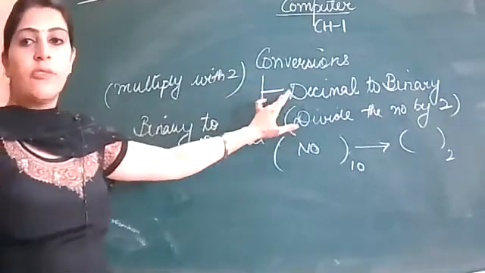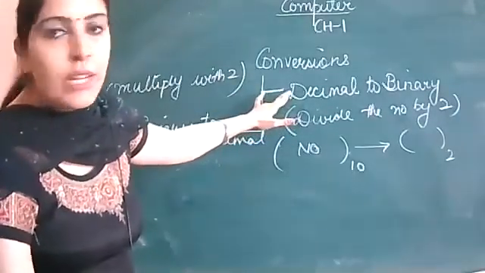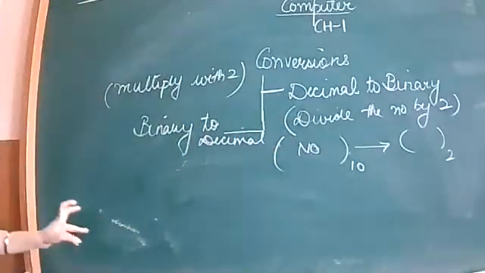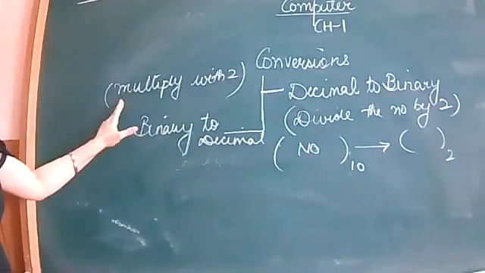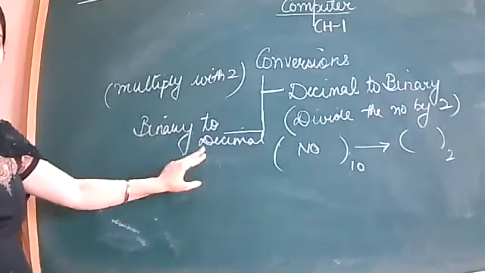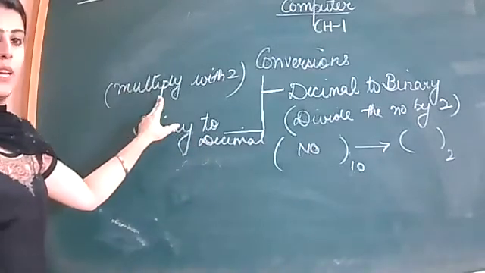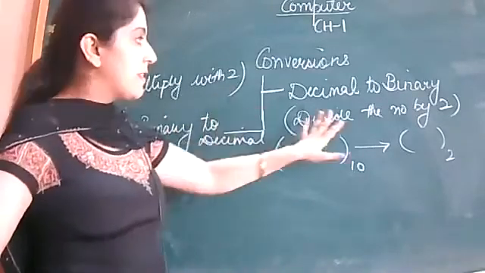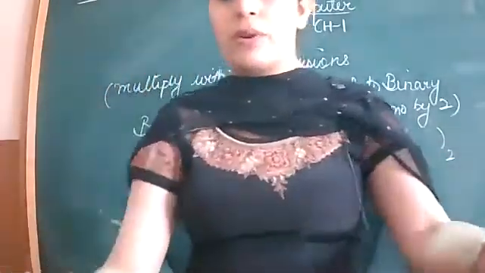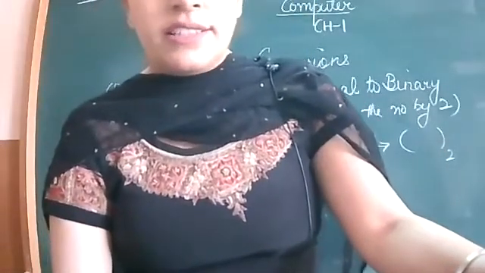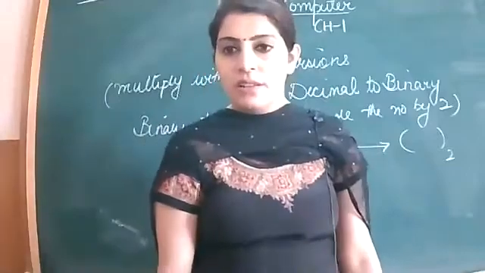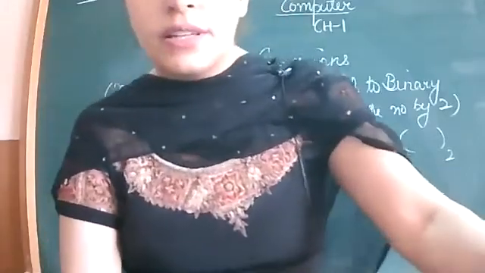When you are converting from decimal to binary, you have to divide the number by 2. And when you are converting binary to decimal, you have to multiply the number with 2. So decimal to binary conversion is clear to everyone? Any doubt in that method?